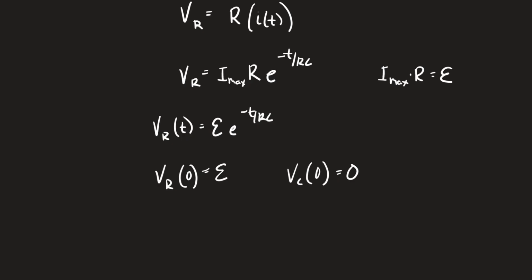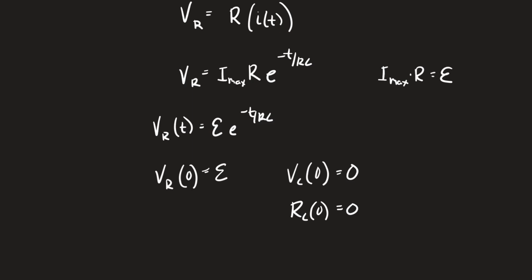You have to understand, a capacitor in this circumstance is acting like a variable resistor, changing. At time 0, the resistance of a capacitor in this circumstance is 0. So a capacitor with no charge on it acts as though it has a resistance of 0 in the circuit.